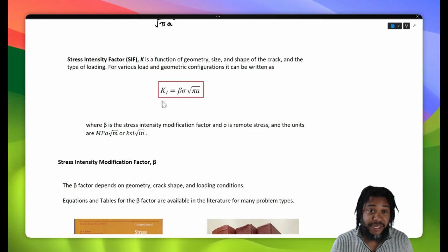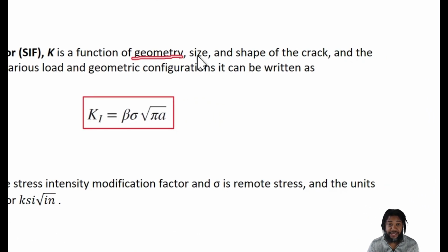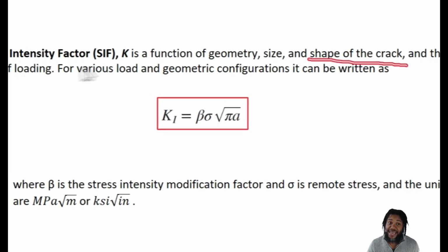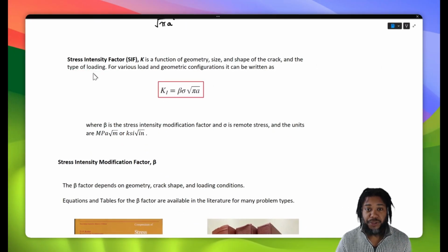Well, let's note that the stress intensity factor K is a calculated parameter. It's a function of our geometry, its size, the shape of the crack, and the type of loading that is applied to our geometry.